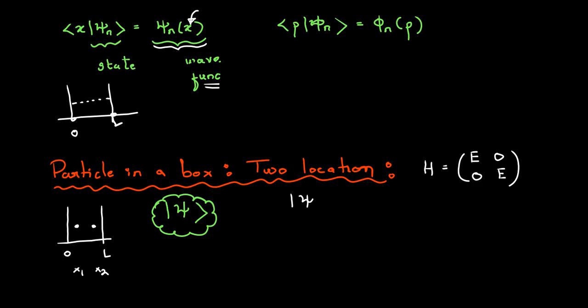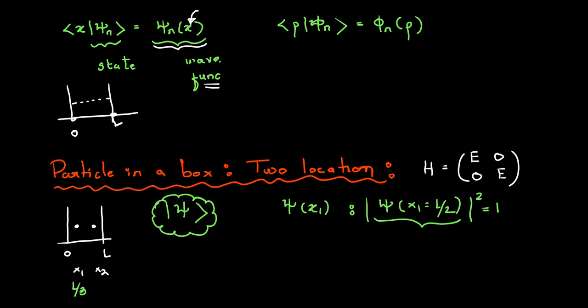So here I can talk about objects like simply psi of x1. You plug in the value of x1, so maybe x1 is some value L by 3 for example. Then if I plug in x1 as L by 3 and square it, this will give me the probability of finding the particle at location x1.